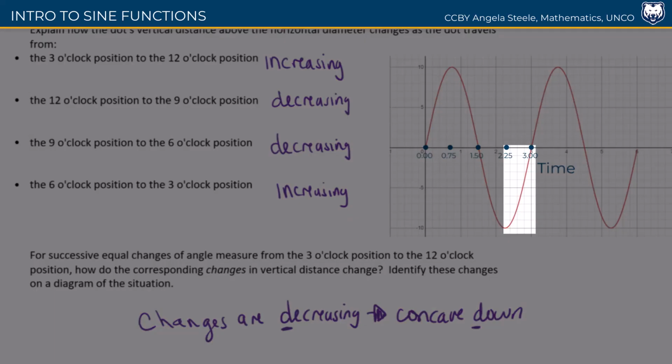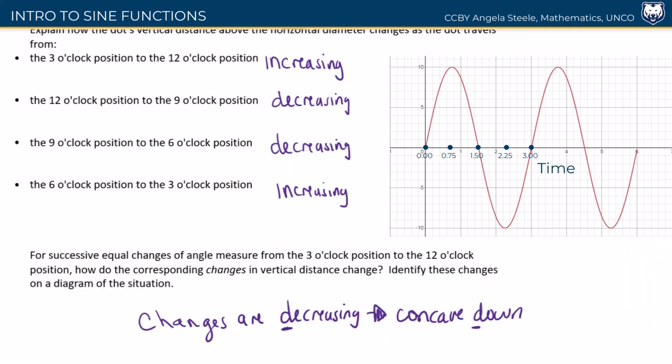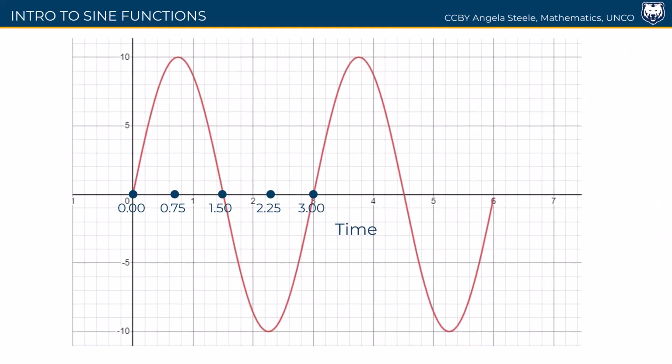And then from 2.25 to 3, we were increasing. Okay, and then the next question, when we talked about the concavity, we only did it from the 3 o'clock to the 12 o'clock position, and here you can see that that concave down shape is showing up on our graph. And then the rest of the concavity I showed you.